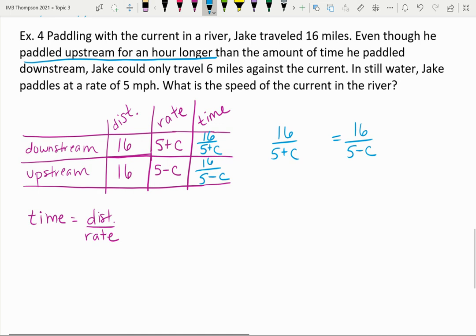In order to make this equation equal, I have to add an hour to the downstream time. So here, this is downstream. This is upstream. In order to make this equal, I have to add an hour to the downstream time.